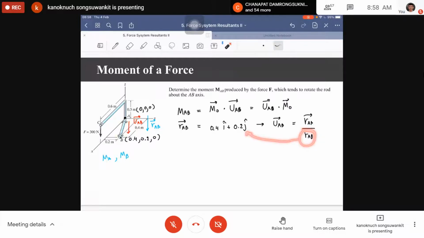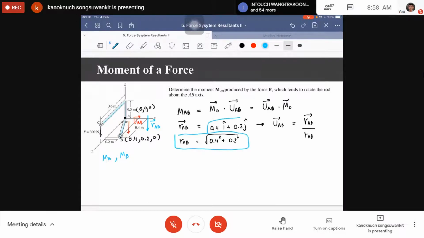We can use the Pythagorean law: RAB equals the square root of the sum of the squares of all components. Replace these terms in this equation, and you have the unit vector UAB.